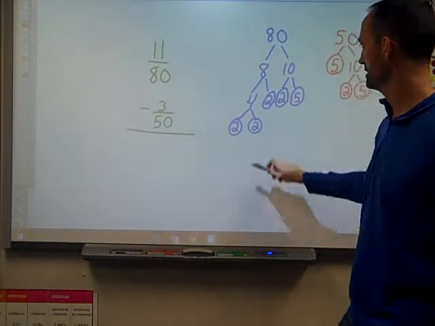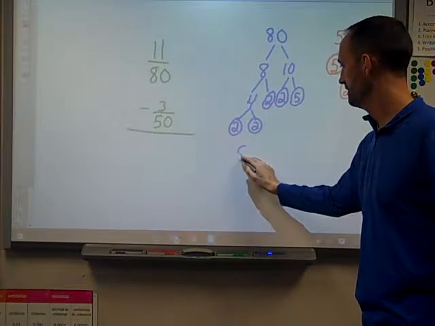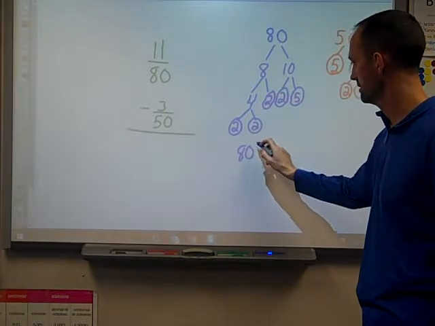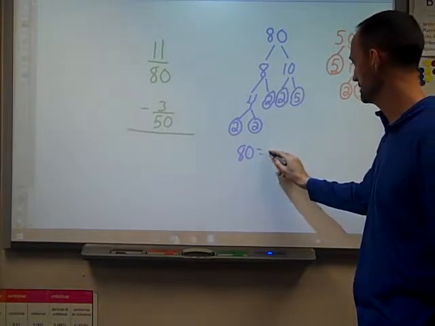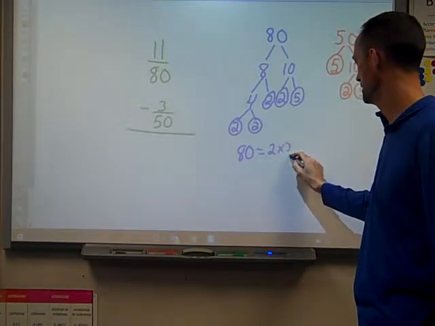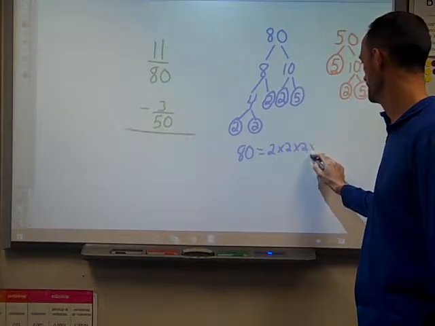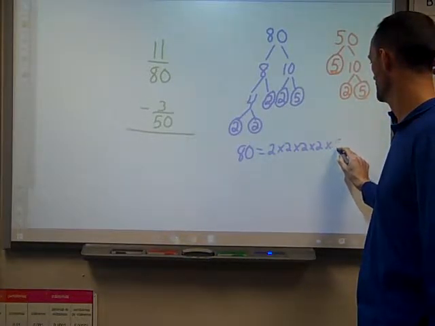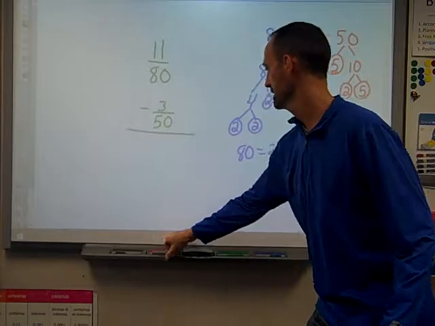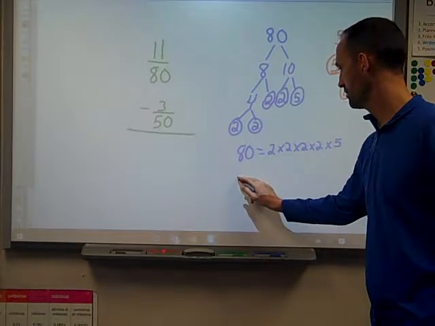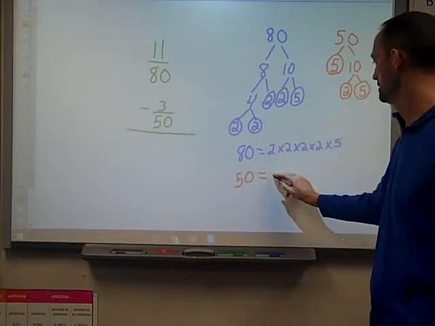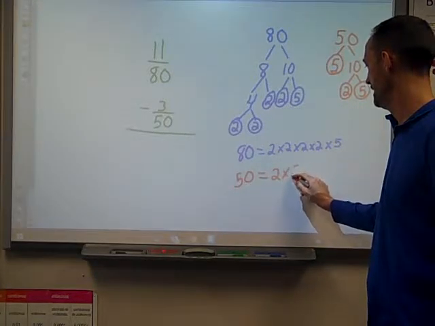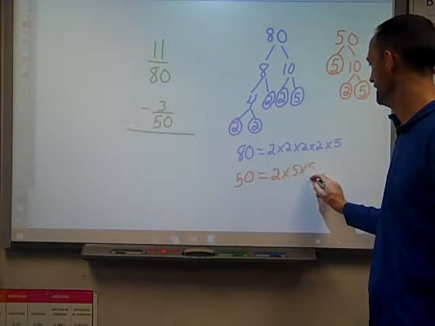So now I'm going to list the prime factors of 80. We have 1, 2, 3, 4 2's, times 5. And then I'm going to take my prime factors of 50, and we have a 2 times 5 times 5.